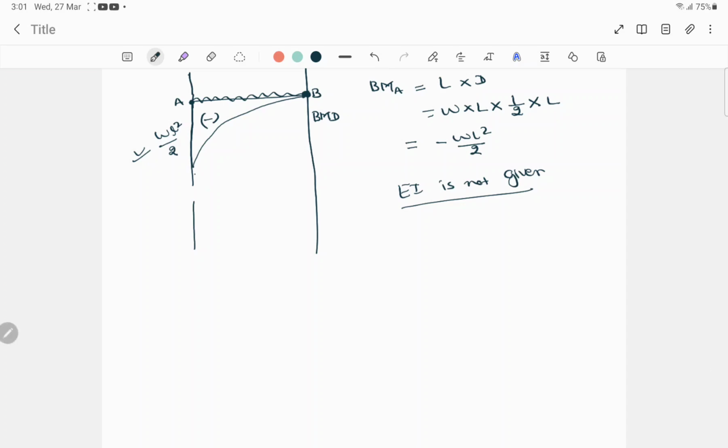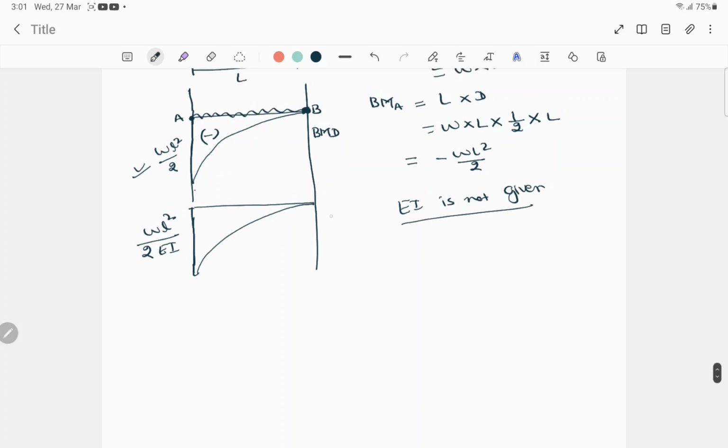Now we draw the M by EI diagram. The diagram for the bending moment and the M by EI diagram will be the same, a parabolic. Here W L square by 2, we have to divide by EI, so it will be the M by EI diagram.